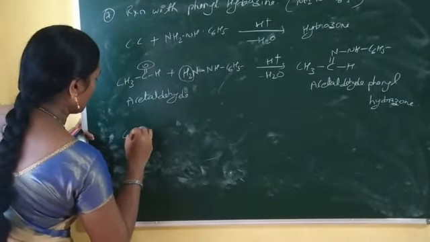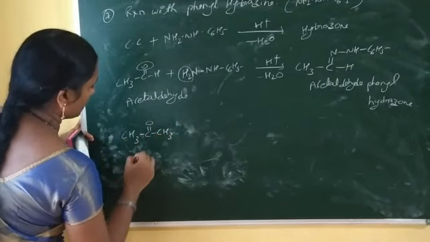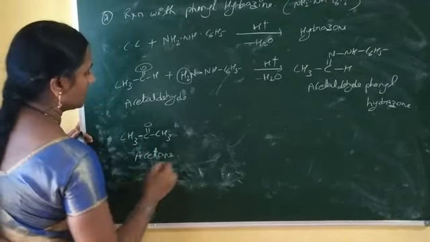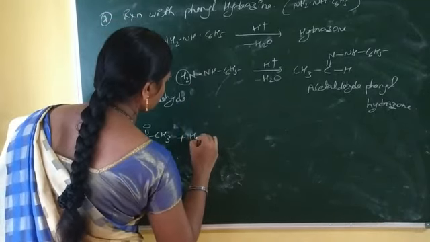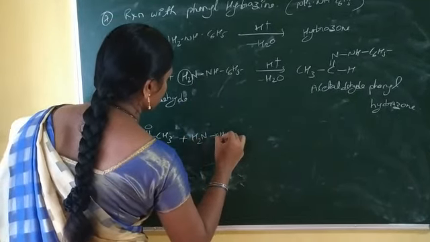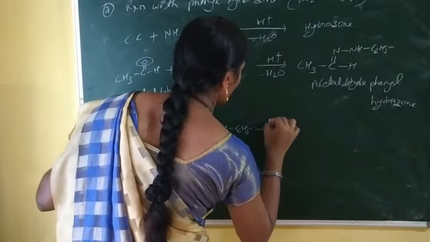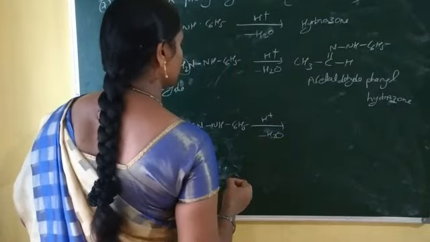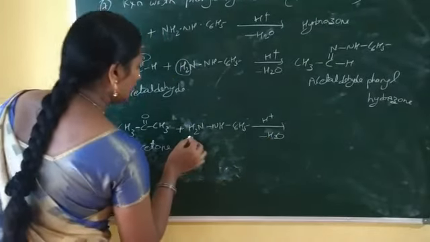Another example, we take a ketone. The compound name is acetone. Now acetone is treated with phenylhydrazine in acidic medium by the loss of a water molecule.